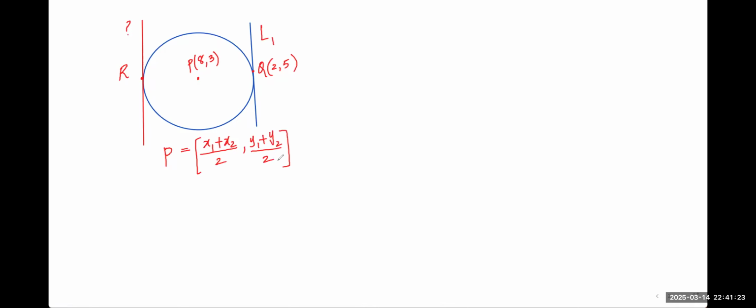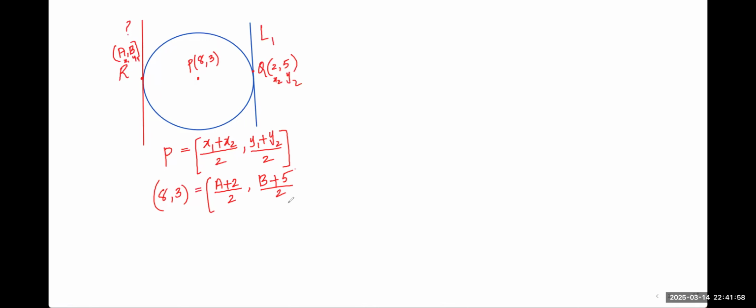We don't know the coordinates of R. Let me take capital A, comma capital B as the coordinates of R. P value is 8, 3, equal to (A plus 2) by 2, comma (B plus 5) by 2.